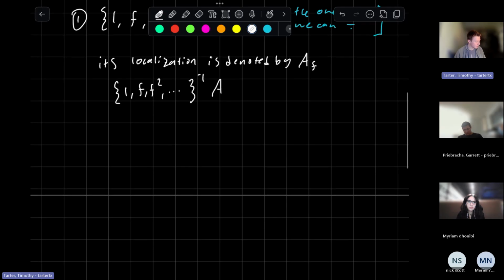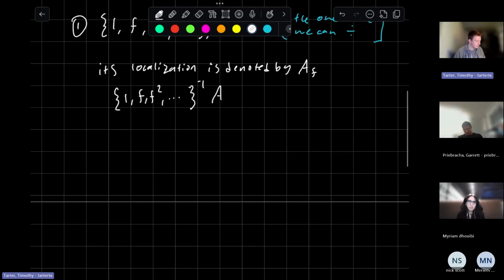But the second case is where division is maybe not well defined. And so if you have maybe an ideal.